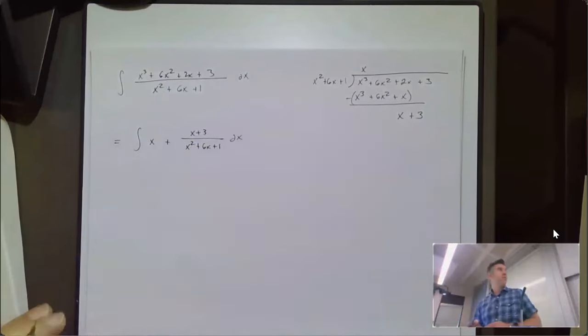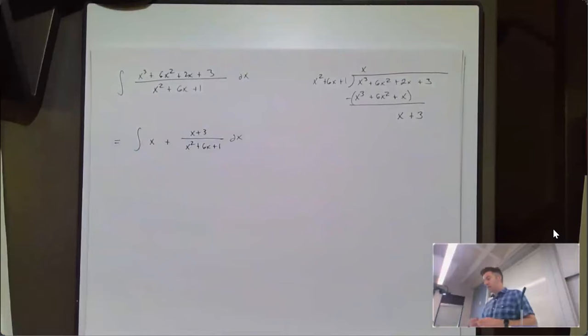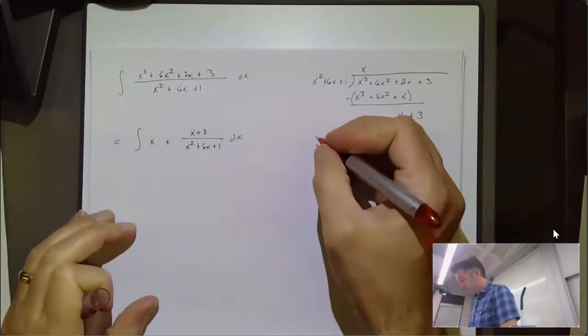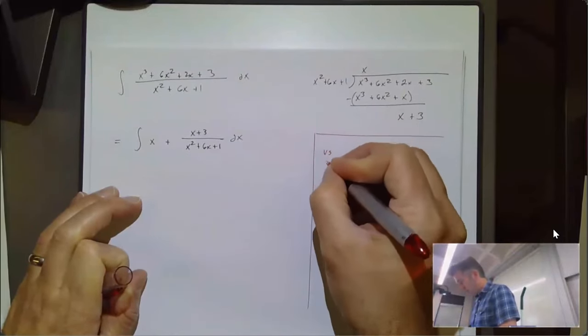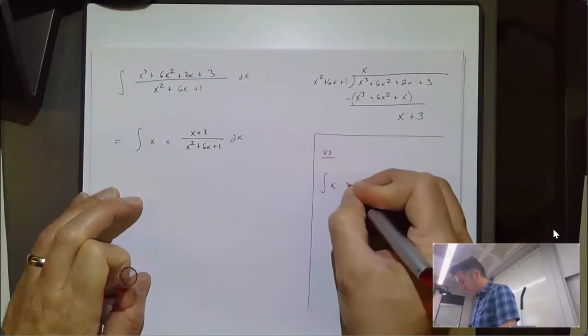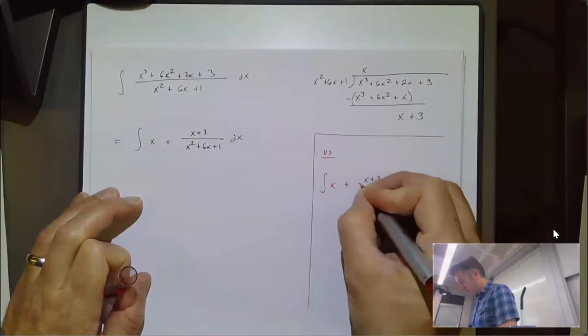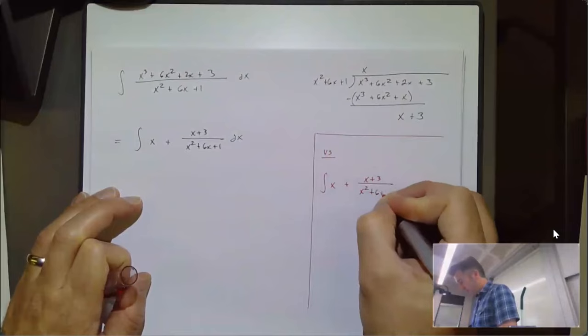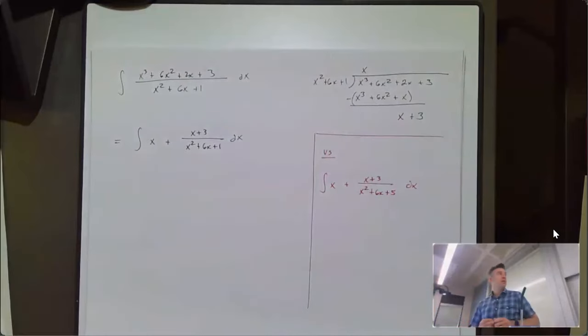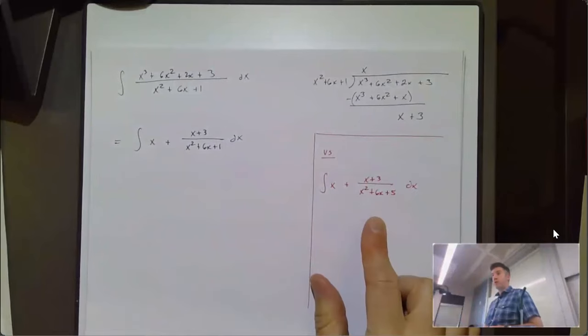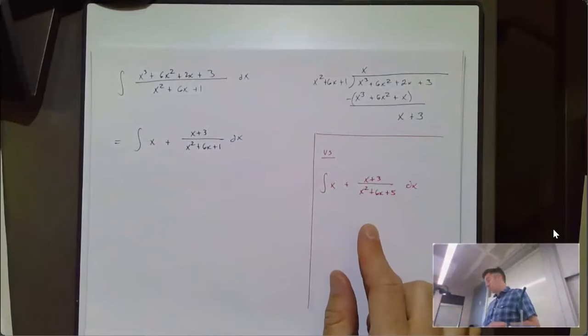Now this is where this problem would be trickier if someone had made it so that the denominator was like x squared plus 6x plus 5. So let's just say on the side here, if we had this problem instead, the integral of x plus 3 over x squared plus 6x plus 5, it would be very, very tempting to try and use partial fractions here, because that denominator definitely factors, right?